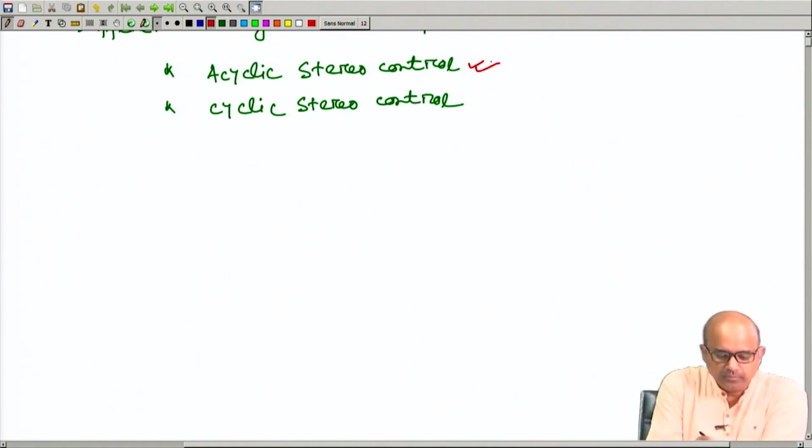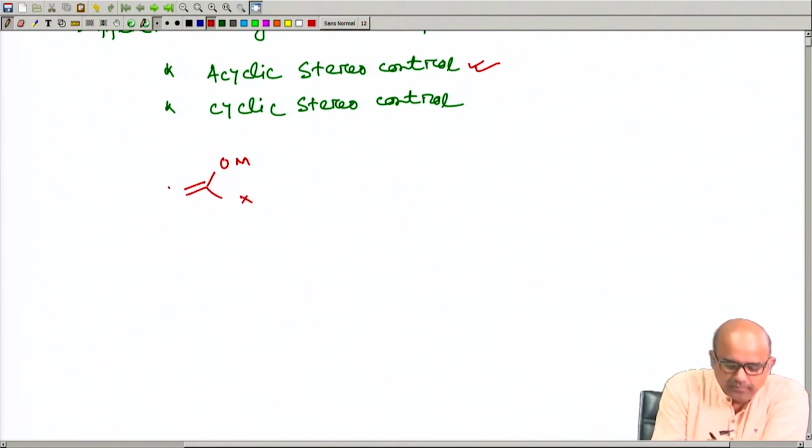Now, acyclic stereocontrol means that you basically have a typical enolate. Let us say you have an enolate with different groups Z and Y, and you have an extra connectivity here with a carbon-carbon bond, and a stereocenter here.